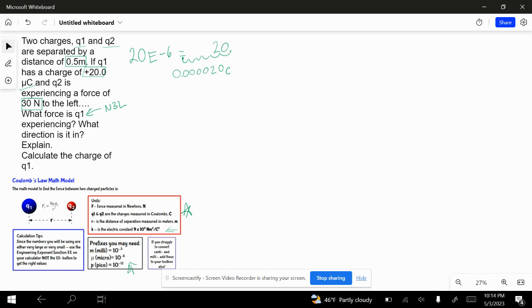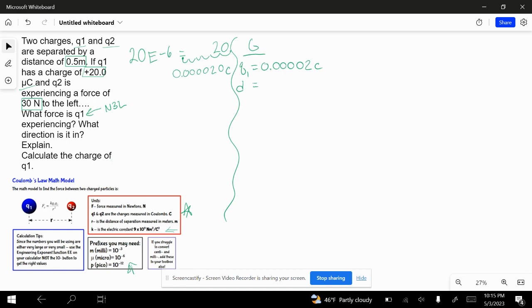Now, let's get to the fun part. Calculate the charge of Q2. In order to do that, I'm just going to real quick go through the GUESS method. All right, so what are we given? Well, we're given that Q1 is 0.00002 coulombs. We have a distance.